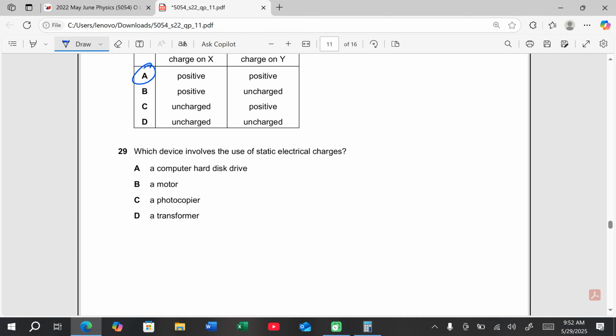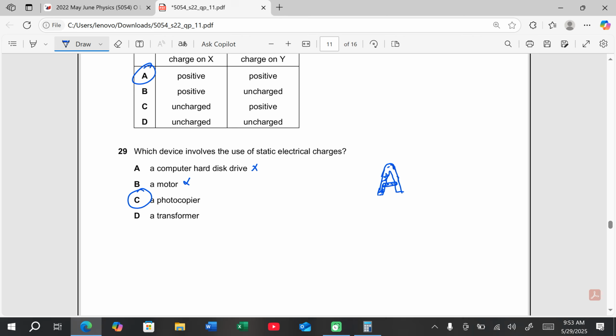Which device involves use of static electrical charges? So computer hard disk, motor, photocopier, we've studied the use of electrostatic charges. For example, if you want to take a photocopy of this letter A, the letter where it is being printed is made positively charged, and the ink is negatively charged.